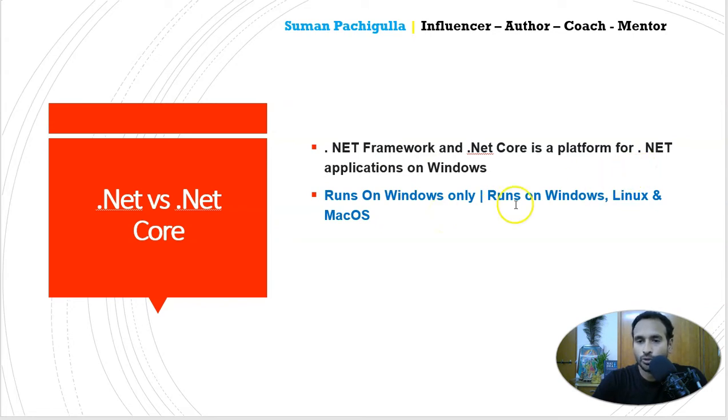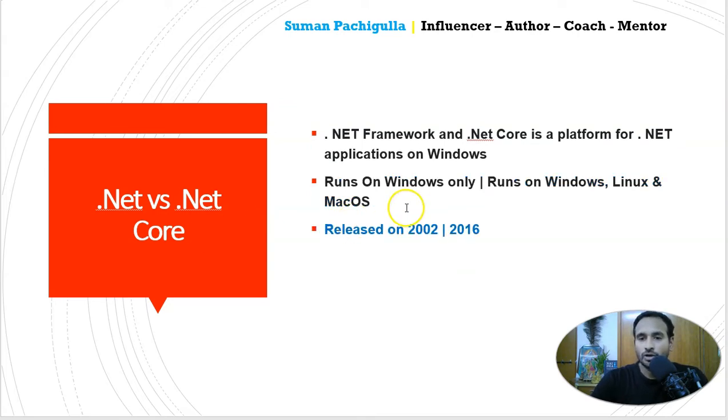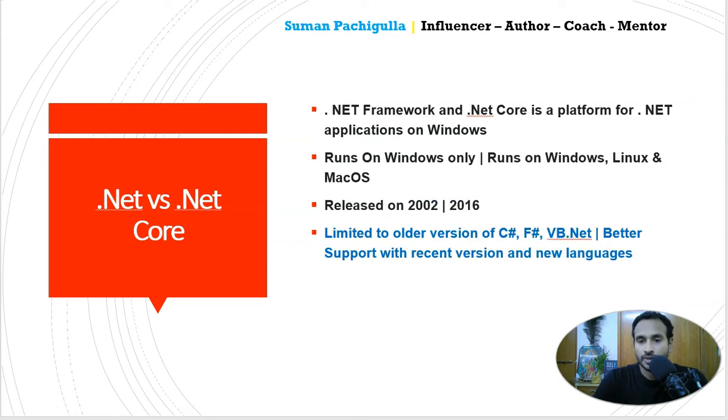But when .NET Core evolved, it gave a platform to build applications which can run on Windows, Linux or Apple laptops or systems, all right. And the .NET framework was released in 2002, and .NET Core came into the market in 2016.